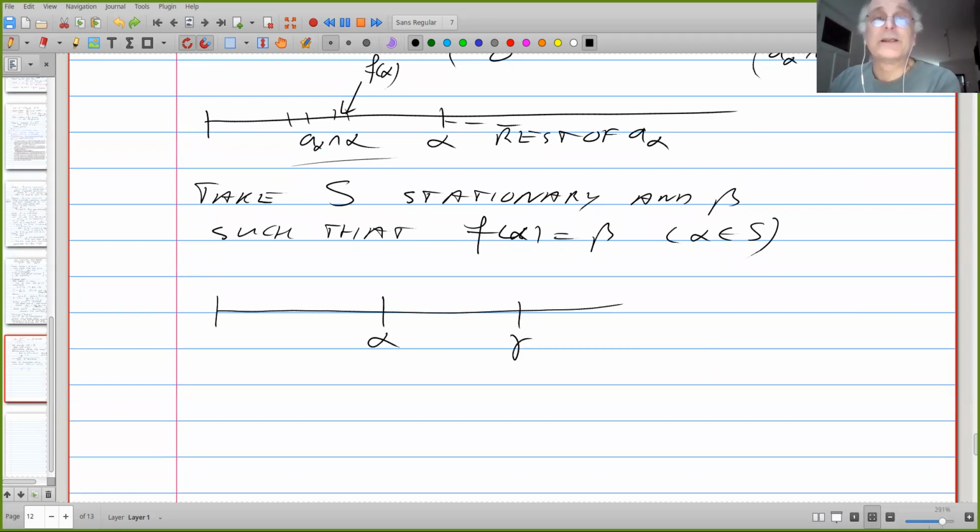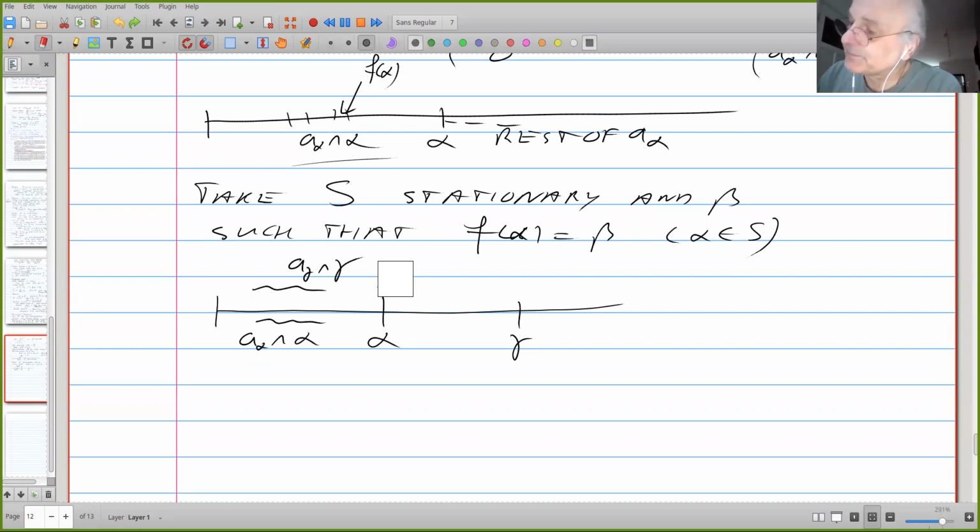Suppose we have an alpha and a gamma both in S, then this happens. The maximum of A gamma intersect gamma, oops, I'm sorry. This is the beta. The beta is less than alpha. So A gamma intersect gamma has its maximum in beta.